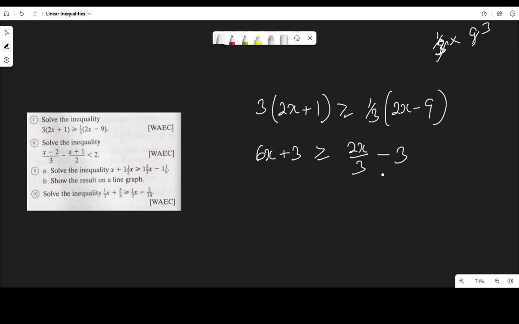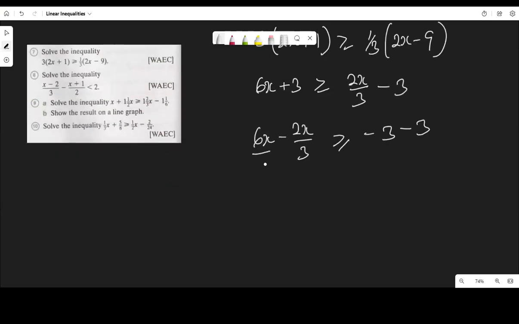Okay, now with this, we need to collect like terms. 6x and 2x over 3 are alike because both of them are terms in x. This is plus 2x over 3. When it crosses the sign of inequality, it becomes minus 2x over 3, greater than or equal to negative 3. This is positive 3 here. When it crosses the sign of inequality, it becomes negative 3.